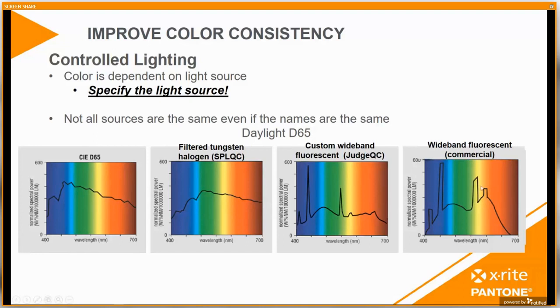So all of these are called D65, and we could say, well, yeah, it looks good under D65, but which one? Because you can see, for example, the amount of red energy in the commercially available one is significantly different than what you're getting over here. And so it's very, very important that you're consistent about using the same lights and the same sources.